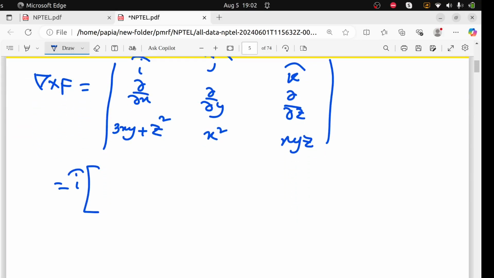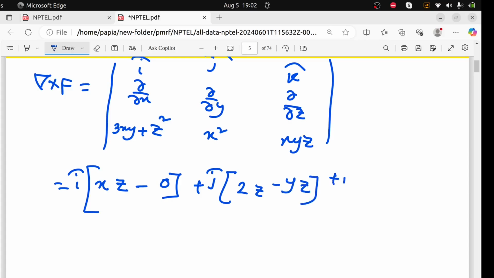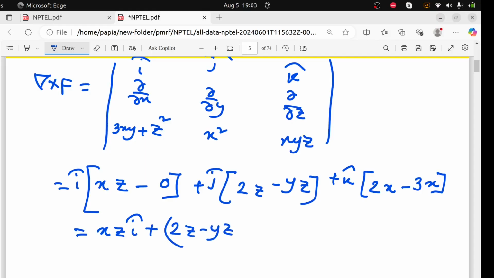For i cap, it will be xz minus 0, plus j cap 2z minus yz, plus k cap 2x minus 3x. Now you can see curl of F is xz i cap plus 2z minus yz j cap plus minus x k cap.